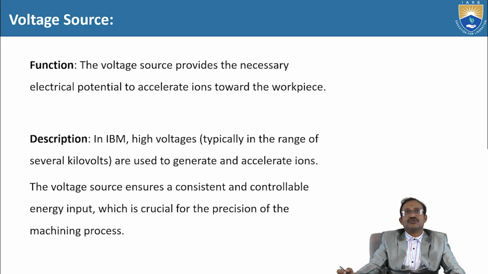Next, voltage source. The voltage source provides the necessary electrical potential to accelerate ions toward the workpiece. So here the voltage source is controlling the acceleration of the ions which are produced from the cathode. In ion beam machining, high voltages, typically in the range of several kilovolts, are used to generate and accelerate ions.